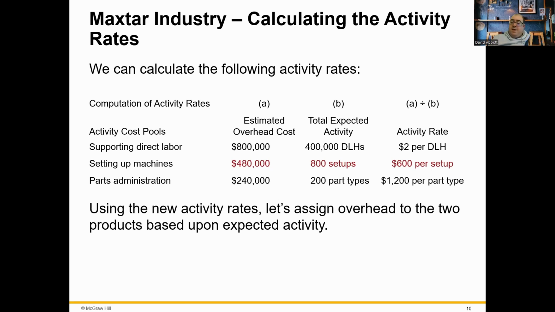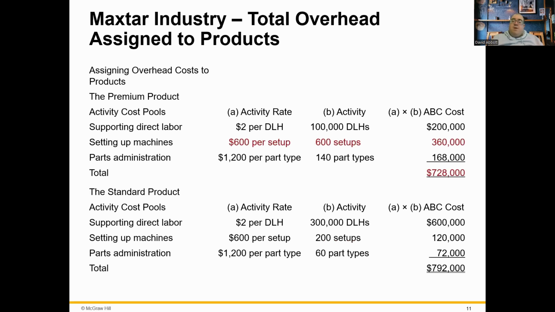So the activity rate for each of the three activities is computed as shown. So we see here that for each activity, we can break it down and divide it out, and we get what the activity rate is for each activity. And we can use that then in order to figure out how we allocate our overhead.